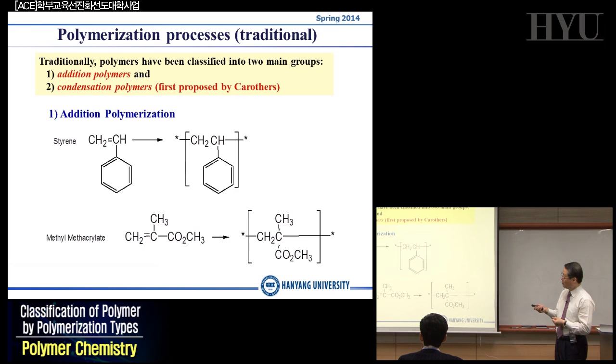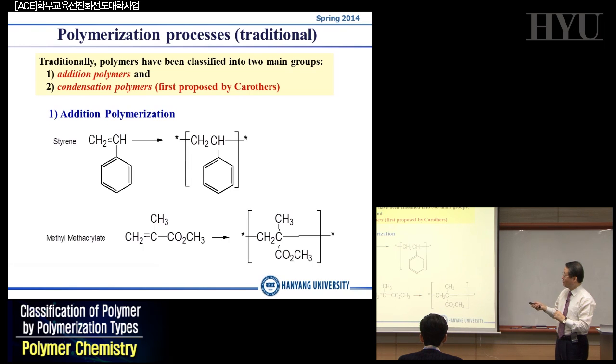One of these monomers is attacked by the catalyst so that your double bond will be opened. It could be a radical, or it could be ions, depending upon the catalyst that you use.